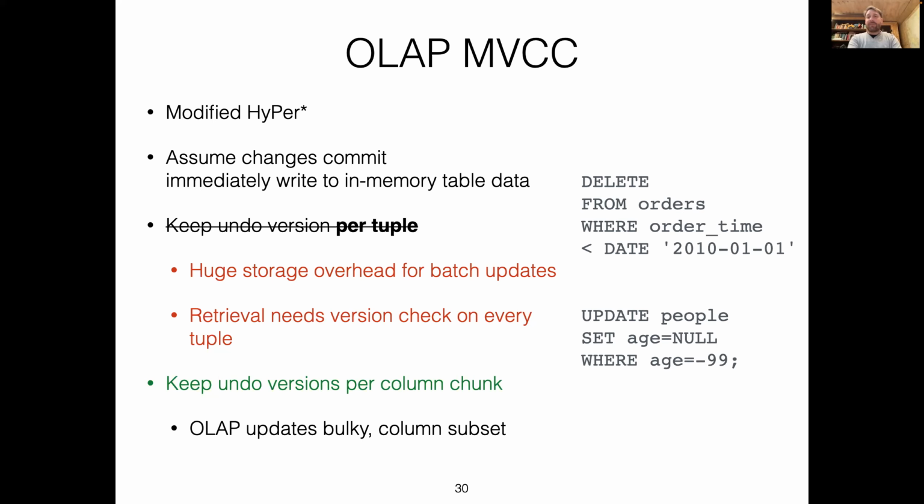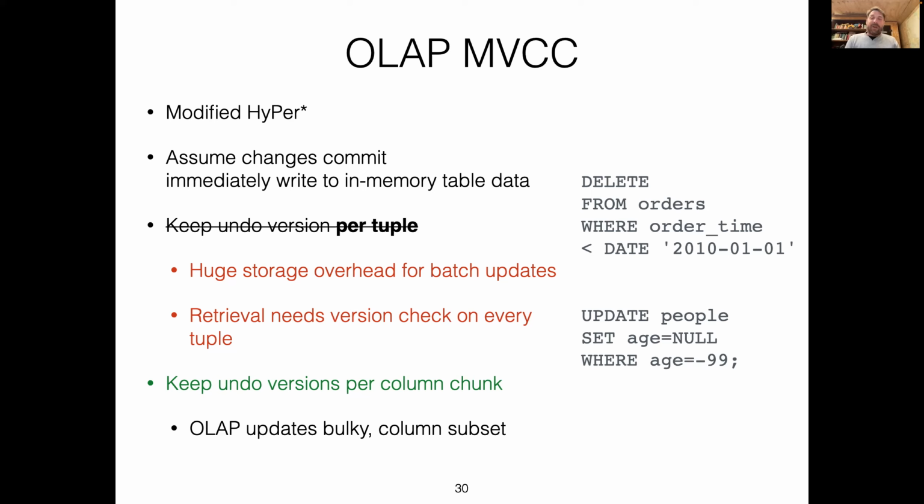And the problem is if you do this in a row store kind of style, you get a lot of overhead if you do batch updates, because one of the observations in analytical data management systems is that your updates are also batchy, also bulky. They're not row-based updates. Mostly they're big updates, like delete from orders where order time is smaller than this. This could delete like 40% of your database.